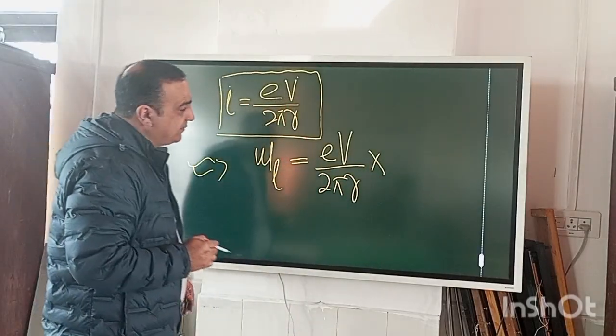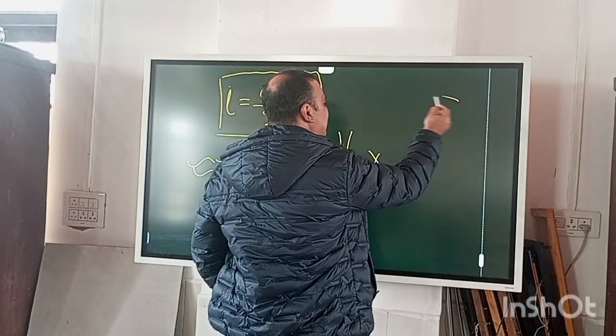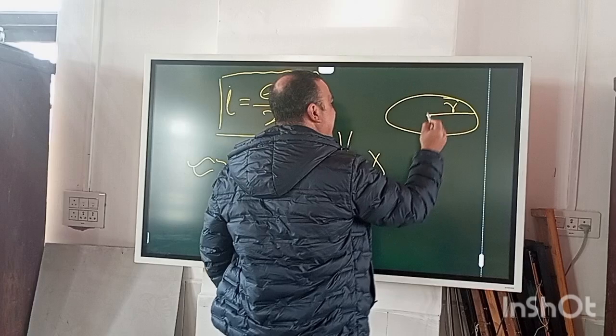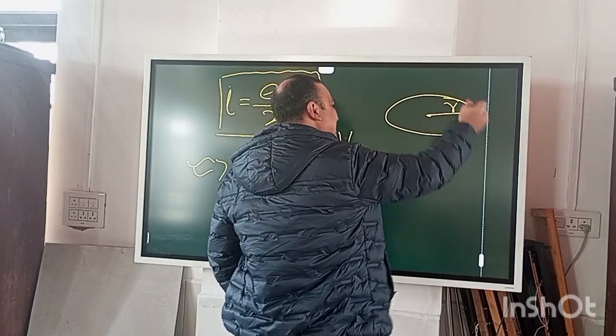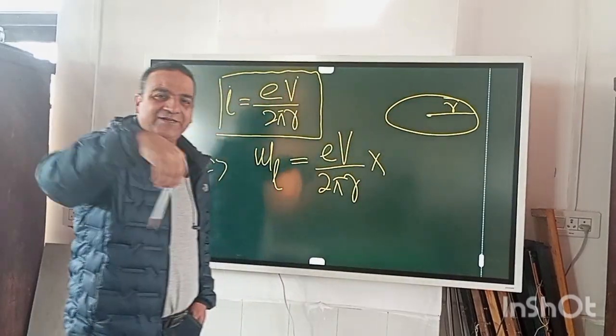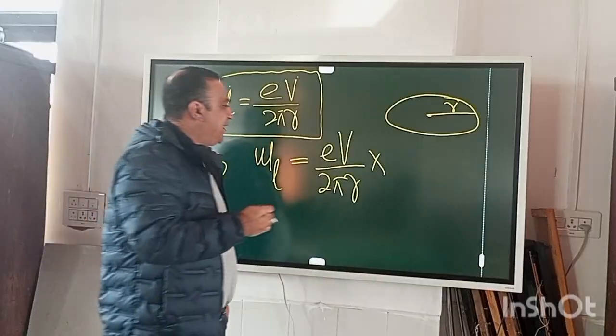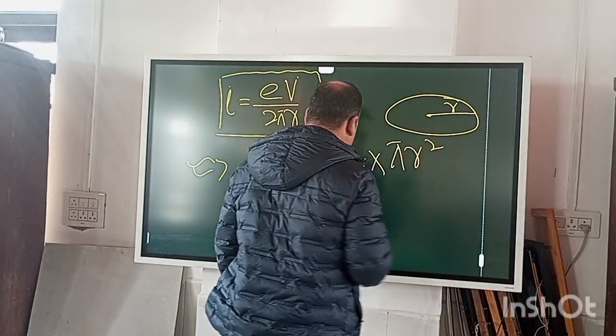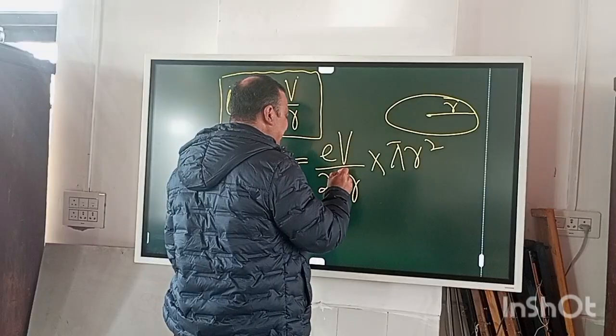times the area. So we have a circle, and this circle has a radius of r. If we want to calculate the area that this electron traverses in its plane, that area will be simply pi r square. So we will have some cancellations here.